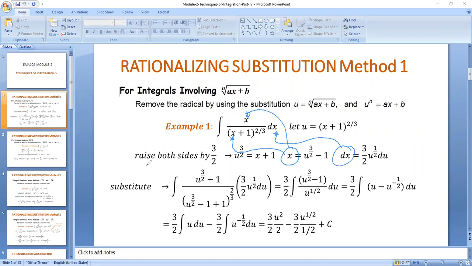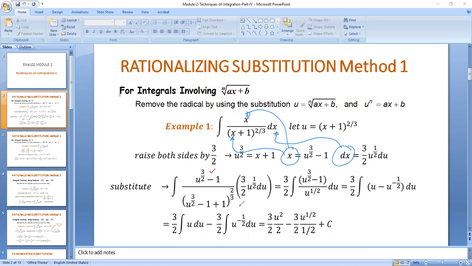So look at what's happening here below. So your x is what? u raised to 3/2 minus 1. So it's in here. Okay? I'll use a different color. So now your x is u raised to 3 halves minus 1. What about the dx? It's this.